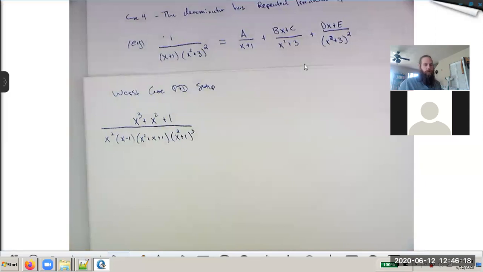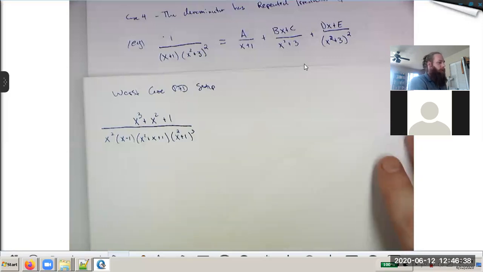The first thing we should do is ask, are there any shared factors between the top and the bottom? But here there are not. Factoring the cubic upstairs is a little bit gnarly, but I'll ask you to trust me. There are no shared factors here. That's always something you should check, right? Always factor the top and the bottom if you can. What do I have all together?